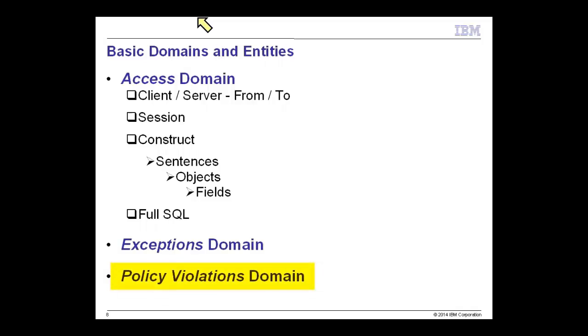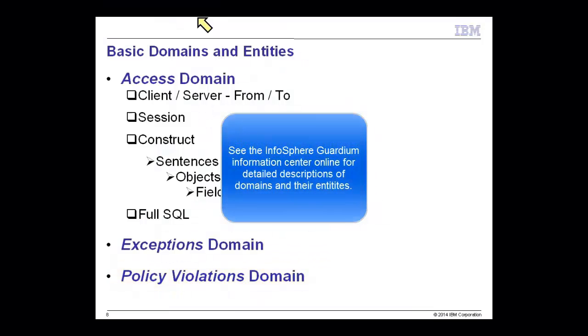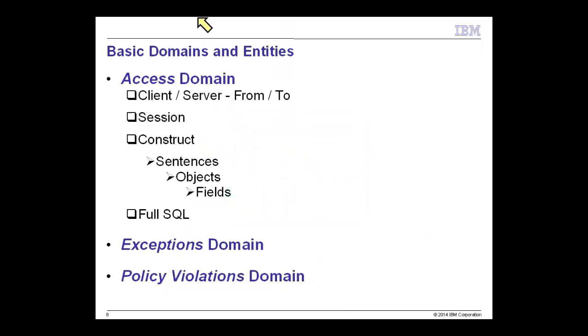If we set up a policy that generates violations, every policy violation is also logged, and it goes to the policy violations domain. These are three examples of domains that we can use to report information. There are a number more.